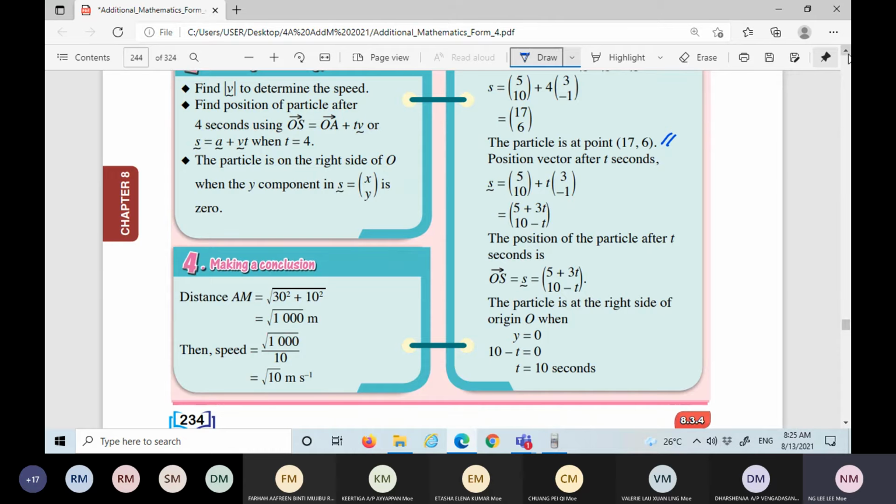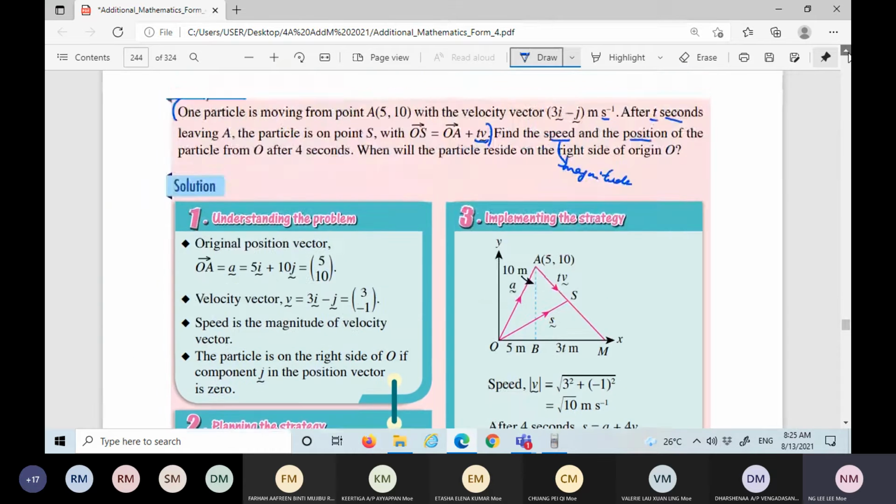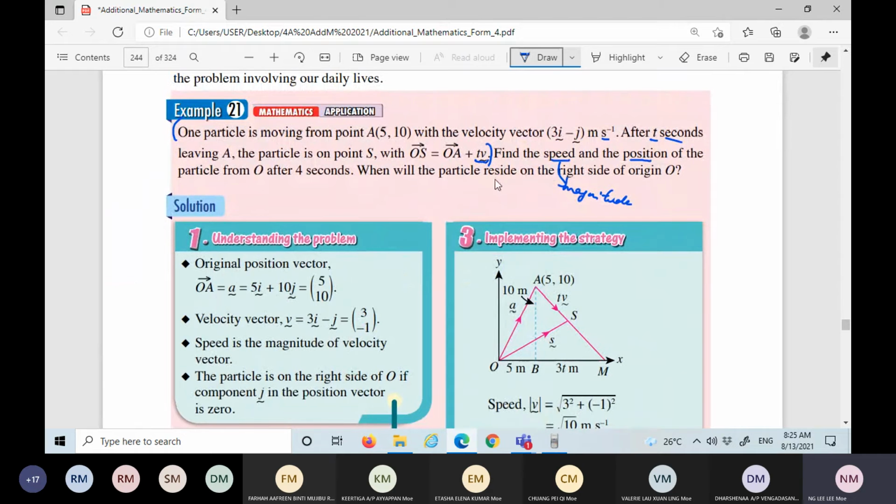Now second part of the question. When will the particle reside on the right side of the origin O? What's the meaning of this? Reside on the right side of the origin O. Origin O is here, so means when the particle will fall on here, the right side.